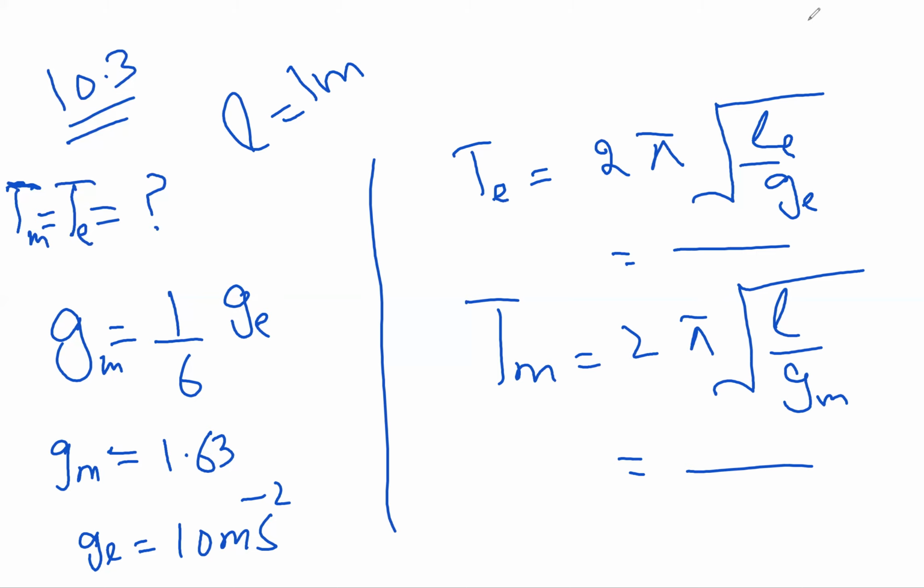10.4. The simple pendulum completes one vibration in 2 seconds. The time required to complete one vibration is called the time period.